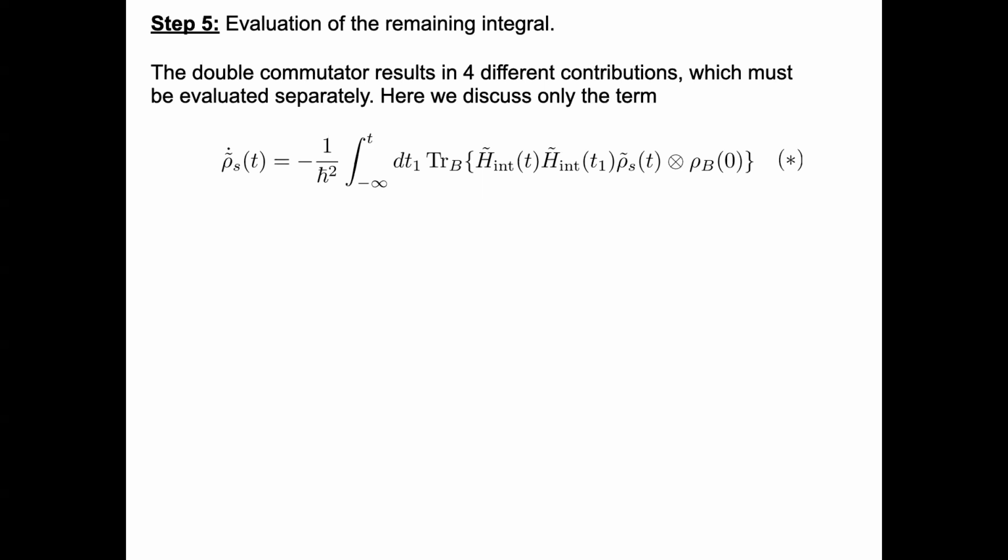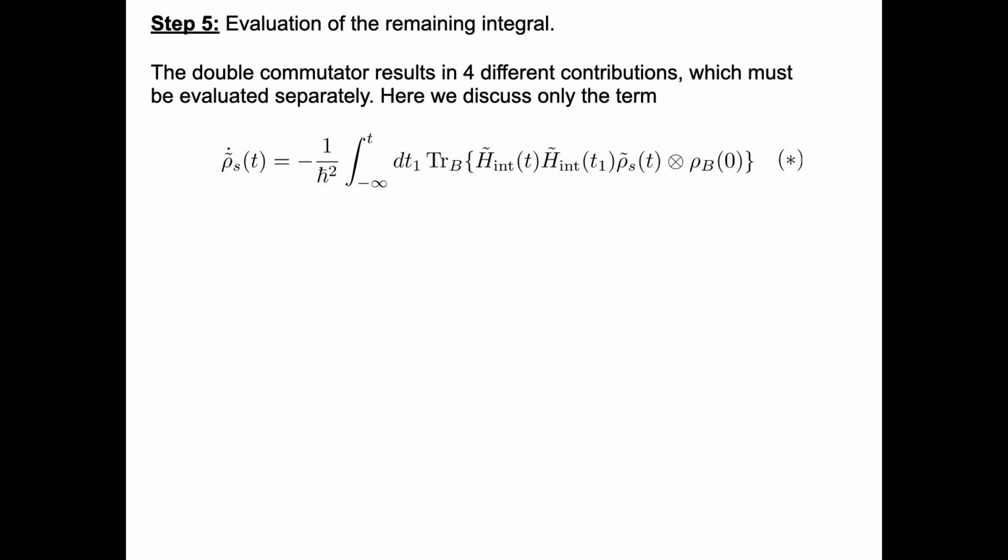Okay, so this gives me 4 terms if I multiply out this double commutator, but they all have a similar structure. So let's take one of them. Here I took the first term, where I have h int at t, h int at t1, acting on rho system at point t and rho path in the equilibrium state. Okay, so I need to evaluate this term.